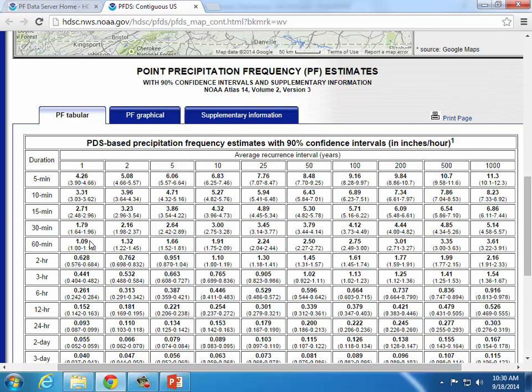Okay, let's look at the 5-year. A 24-hour storm is going to have an average intensity of 0.134 inches per hour, but then the 1-hour storm is going to have 1.66 inches per hour. So it's a shorter storm. It has a higher intensity, while a storm that lasts a long time has a lower intensity, but as we saw before, it ends up having a greater amount.